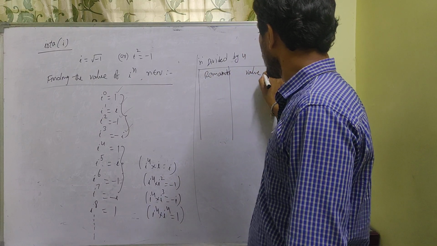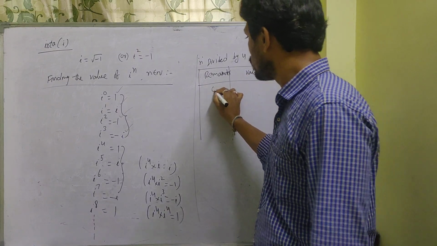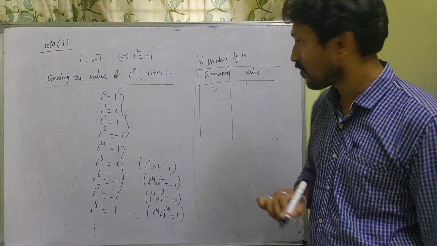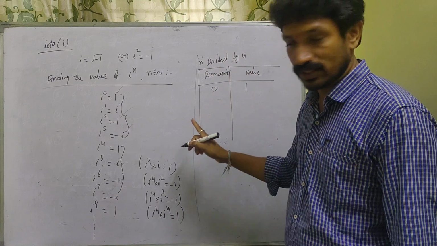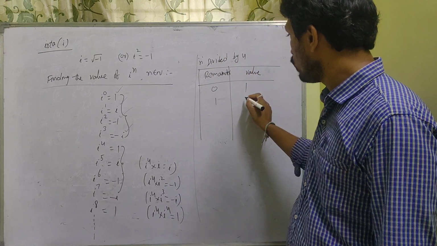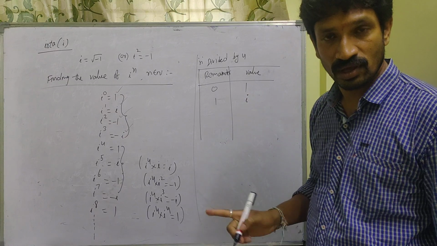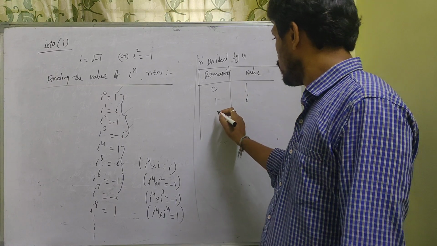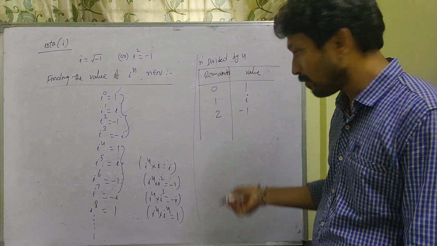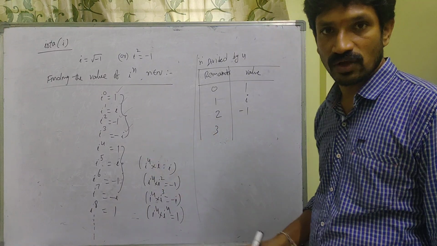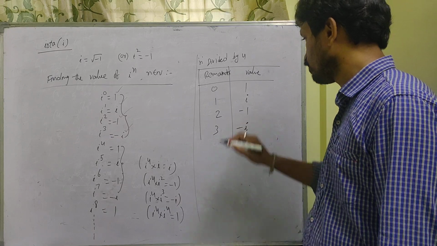This is the value you take. If the remainder is 0, take 1: the value of i power n is 1. If the remainder is 1, then the value of i power n is i. If the remainder is 2, then it gives minus 1. If the remainder is 3, then it gives the value minus i.